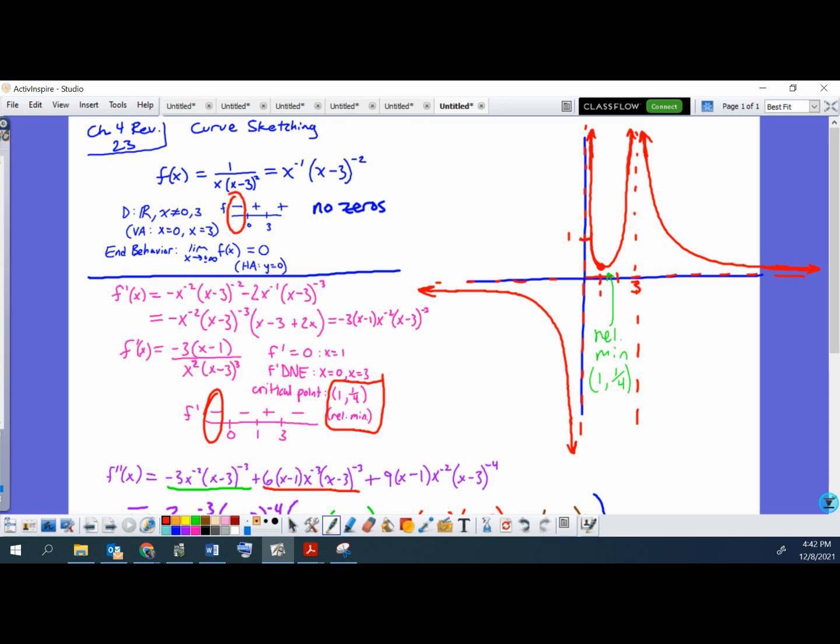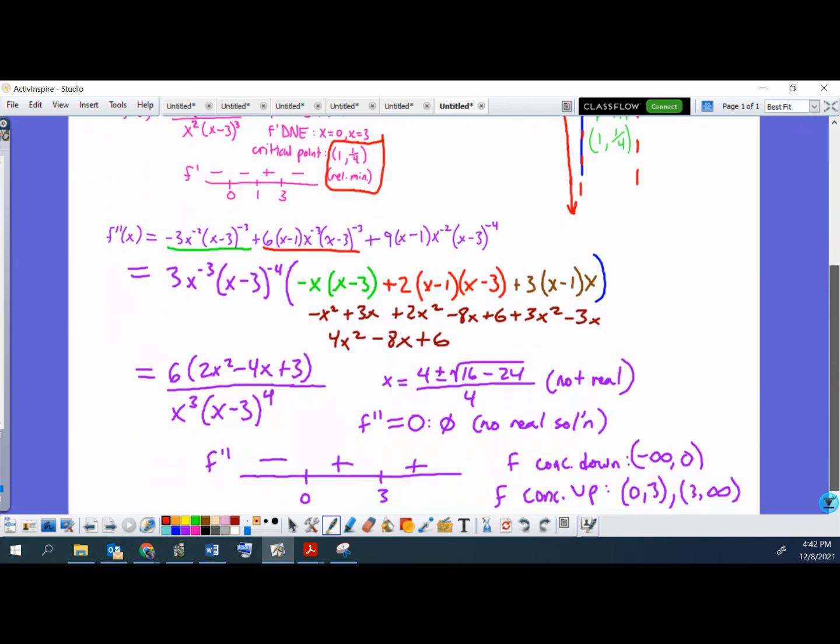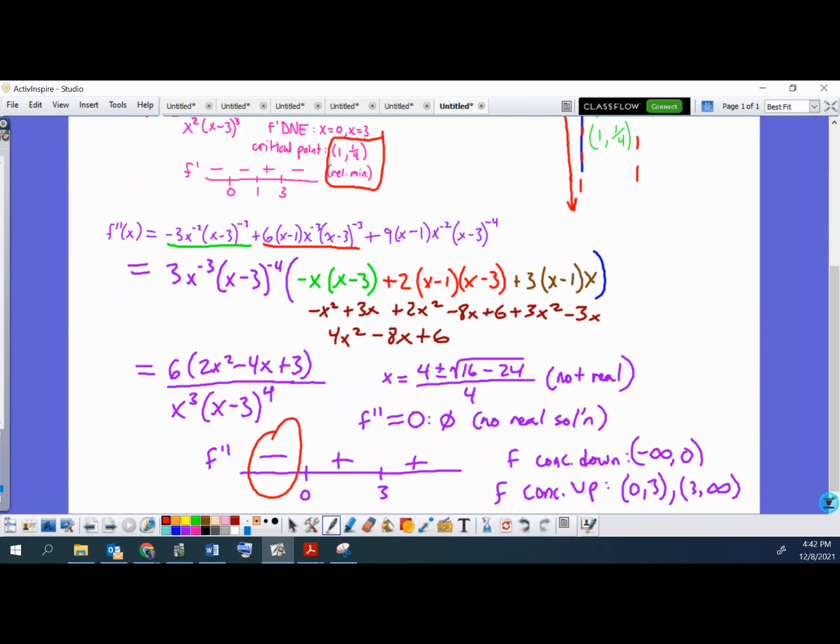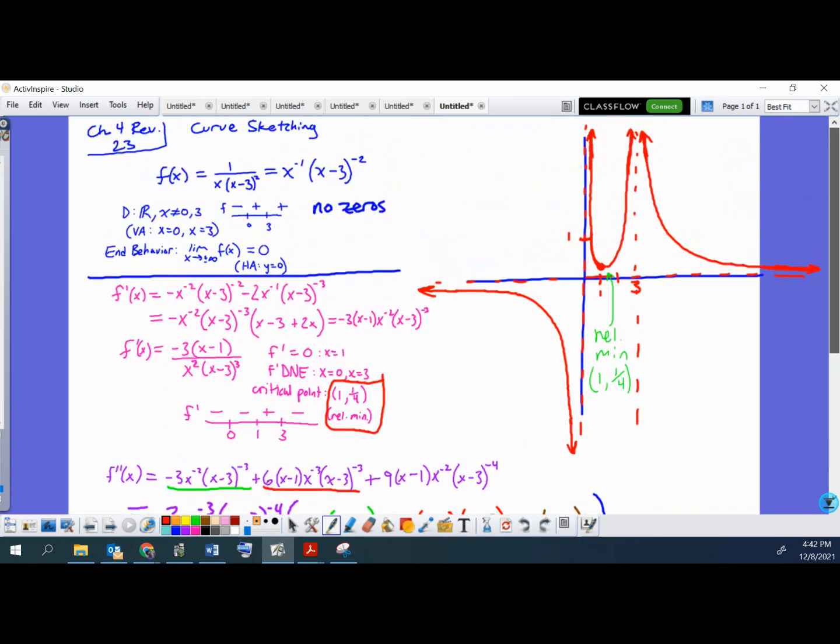Decreasing, negative, and if you go down to that sign chart on F double prime, concave down. Make sure that I'm not lying there. Yep. Okay, and so all this fits. That's what the graph looks like. That second derivative was a fair bit of work algebraically for something that we probably could have done without it. But that's the way it goes sometimes.